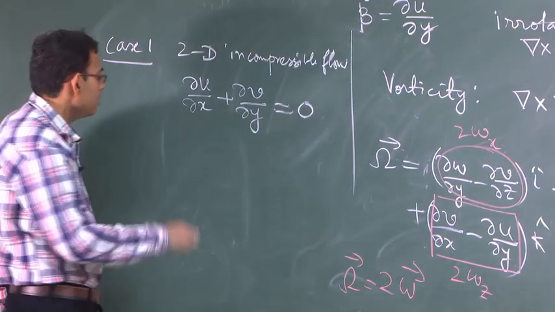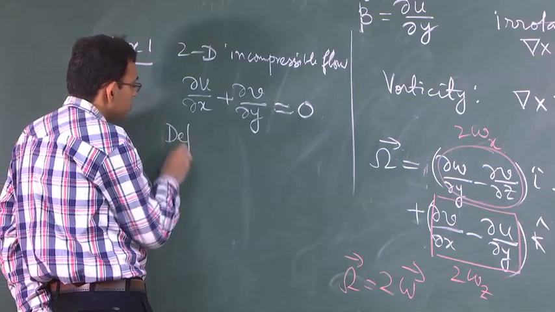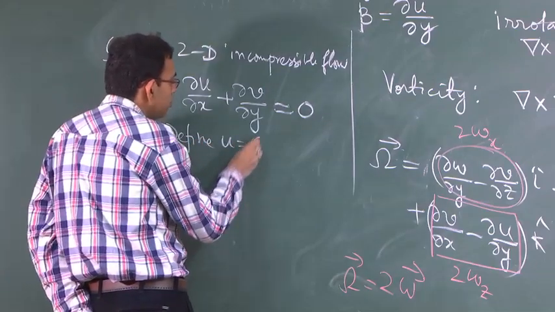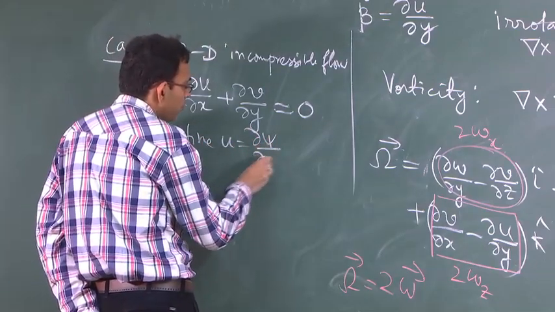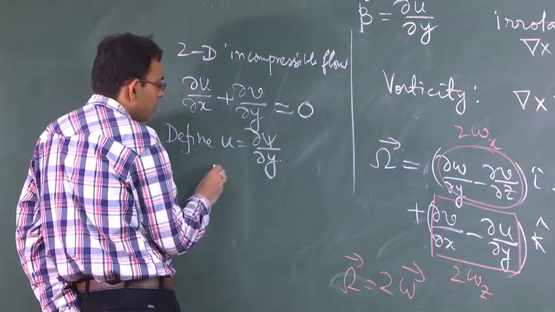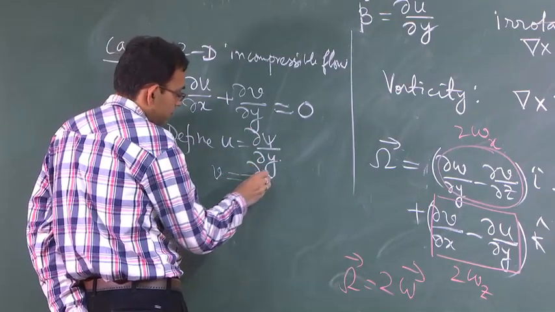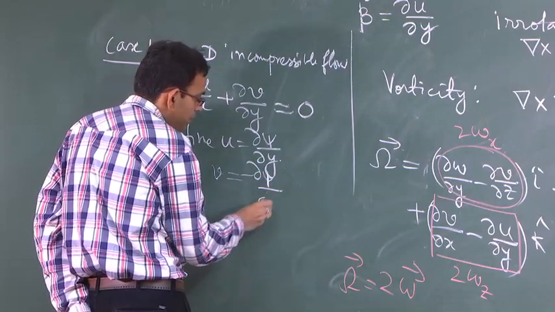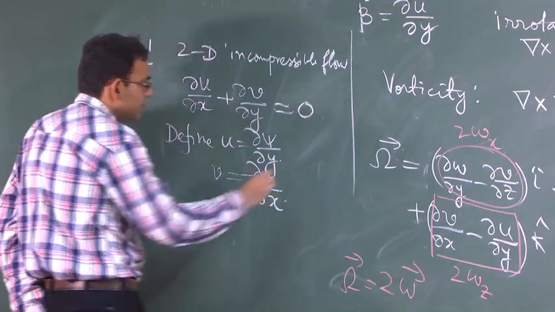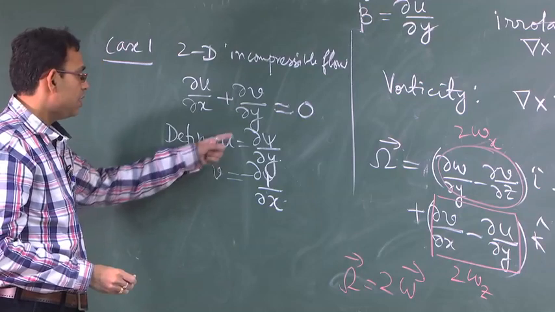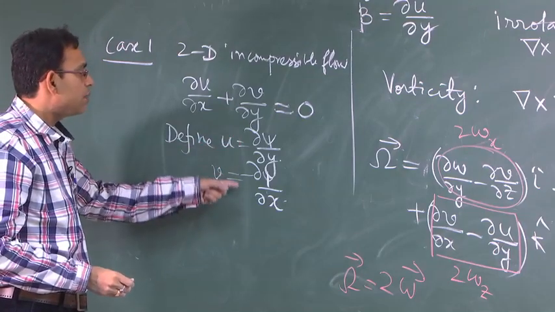It is possible. Say you define u is equal to del psi del y, where this psi is a function of x and y. With this plus or minus sign, with u and v, one has to be opposite to the other.